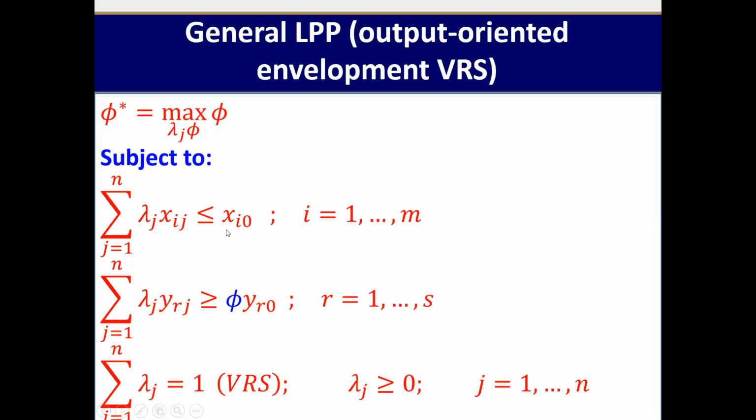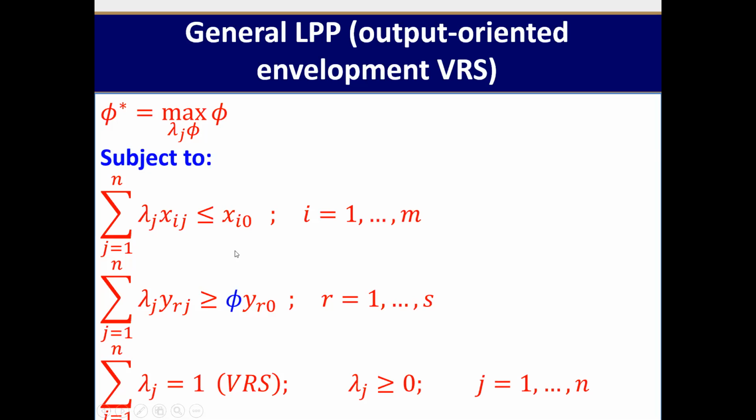The 0 here is indicating the target DMU. And this 0 here is also indicating the target DMU's input, and this is indicating the target DMU's output. So that is why you have I0, R0. Now, they are also part of the left-hand side of the constraint, but they are the focus. They are the ones whose efficiency you are assessing.